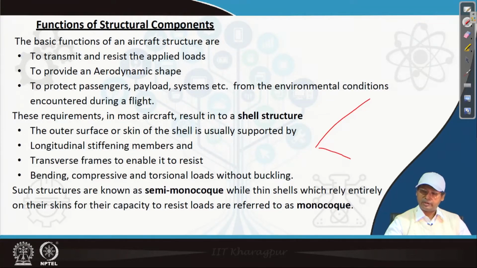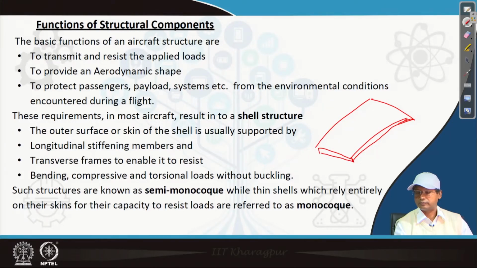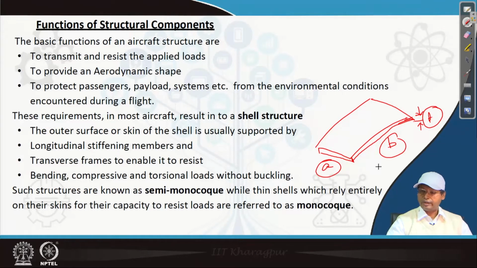Say if I have a panel which is having some curvature and its thickness is small with respect to the other two dimensions, say this is A, this is B, and say this is T. If T is very small with respect to A and B, we call that a plate, but while it has a curvature, while it has a radius of curvature, it is curved in nature, we generally call that a shell structure.